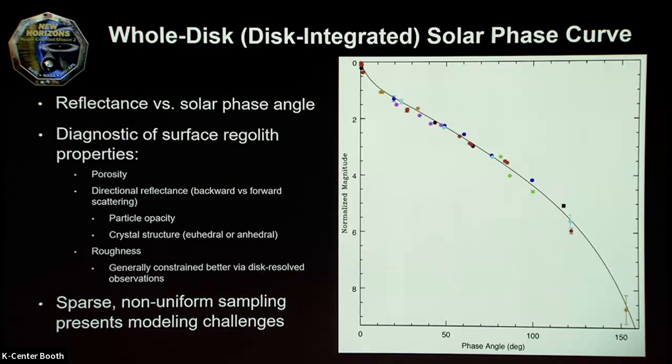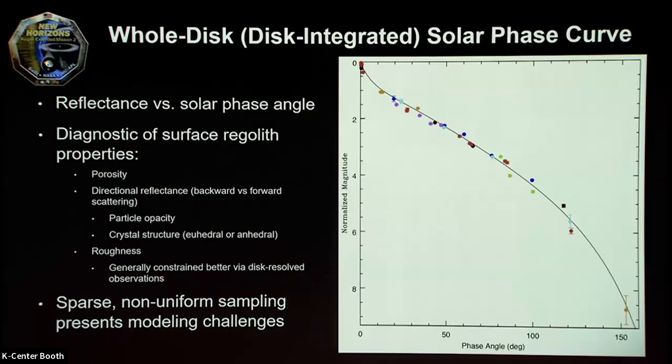The roughness can be evaluated, but really you get better roughness measurements from disk-resolved observations like you have with a flyby. We get that from the entire Pluto system and then Arrokoth, of course, but the other objects are observed as point sources only.